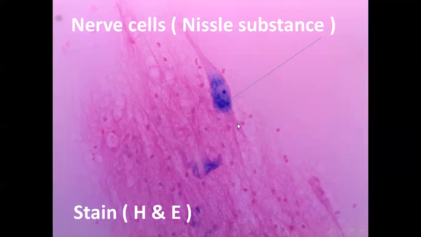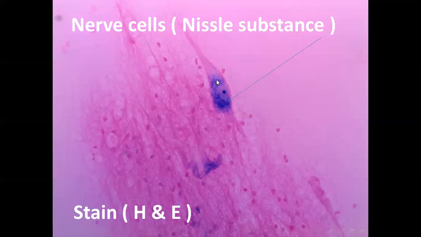If we take the example of these cells, nerve cells consist of nucleus and cytoplasm. This is the nucleus, nucleolus, and this basophilic area. The cytoplasm consists of what? Organelles, Nissl substance.